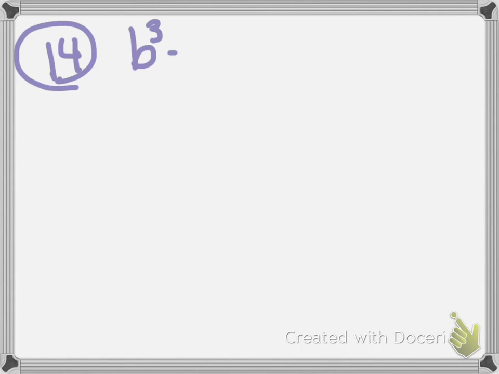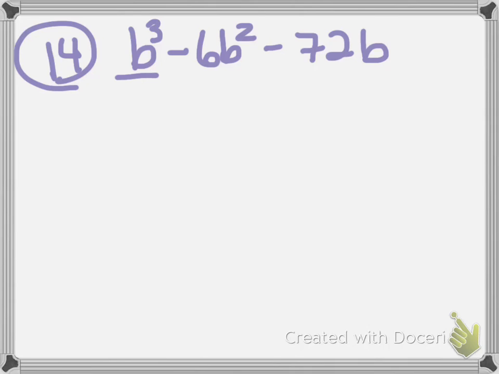Number 14. b cubed minus 6b squared minus 72b. There's a GCF here. They all have a b in common. I put that GCF out here.